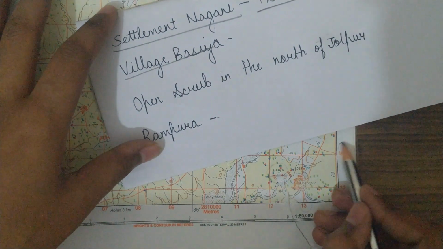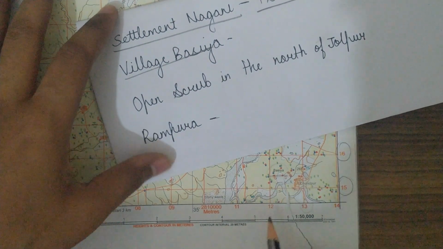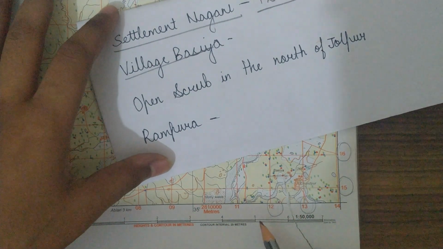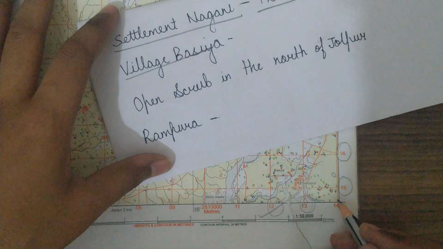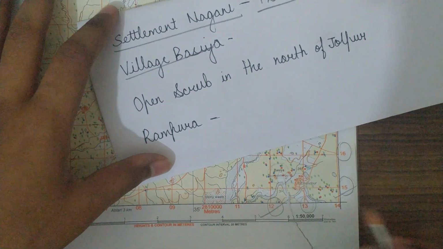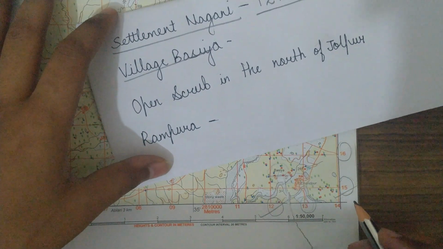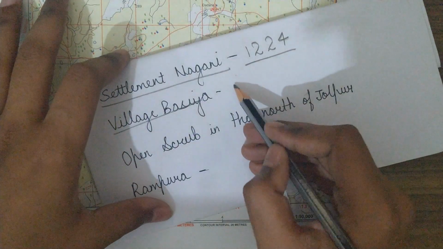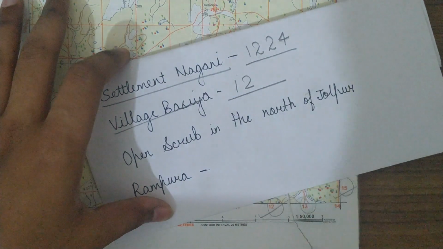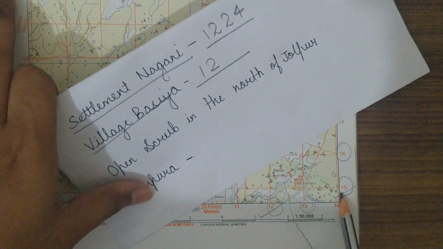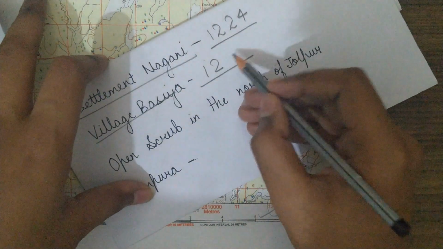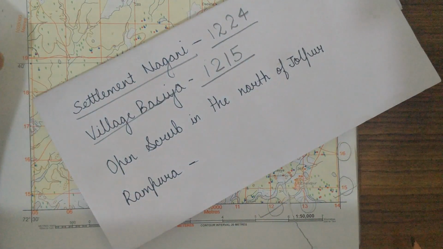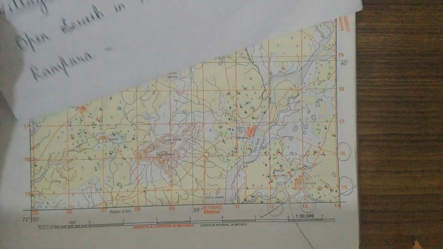It is between the northings 16 and 15 and eastings 13 and 12. 12 is the smaller easting and 15 is the smaller northing. So we will take 12 as the easting and 15 as the northing. So the four-figure grid reference of village Basia will be 1215.